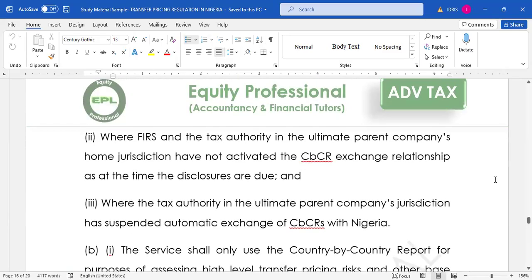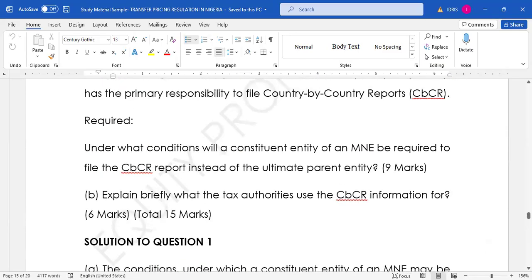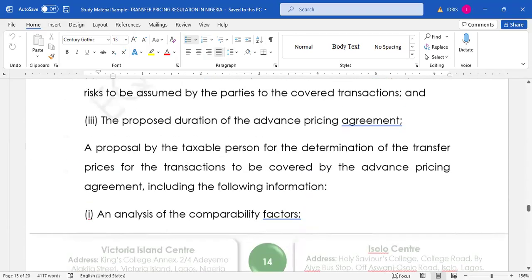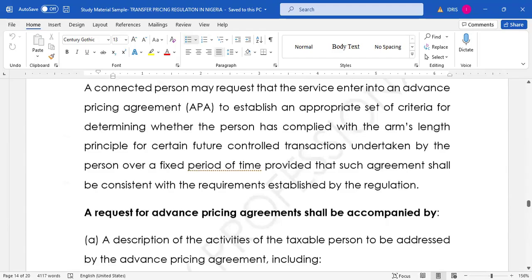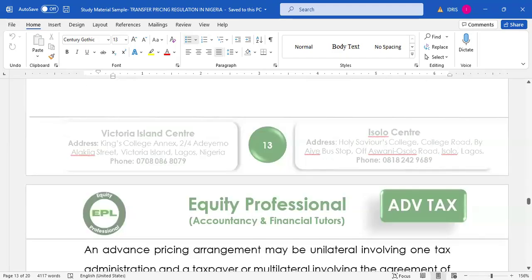Do we have any question on this transfer pricing? You can read more. It's just a little late. In the absence of any question, let's call it a day because we are going to work early in the morning. By God's grace, on Saturday we will end our lecture.